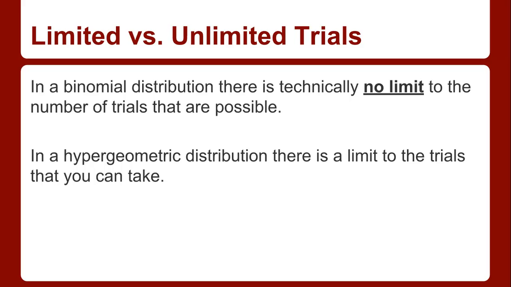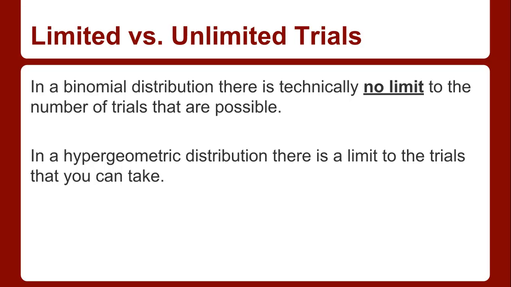Often we look at something like Roll Up the Rim to Win as a binomial distribution, because we think of these cups as unlimited. There is technically a limit to them, and it can fit a hypergeometric distribution, but it's much easier to approximate with a binomial distribution.